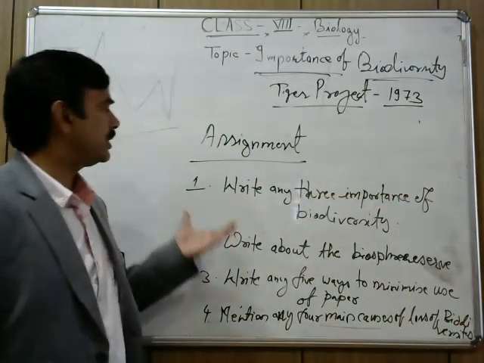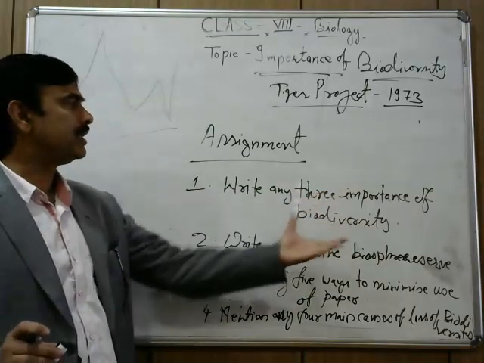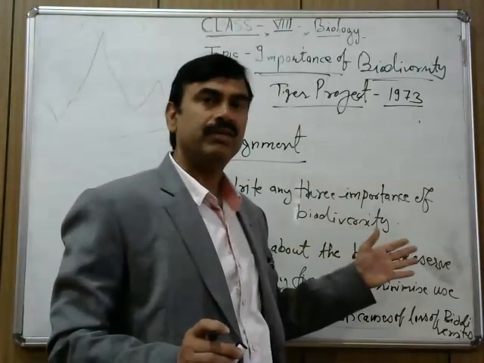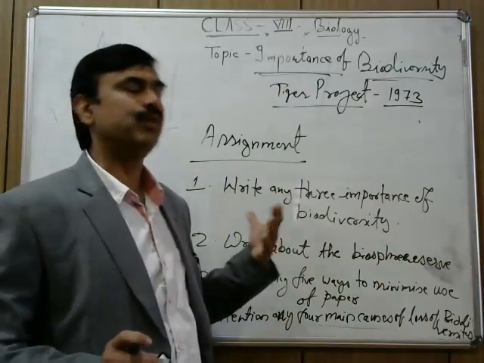So these are the questions for today's assignment. Number one, write any three importance of biodiversity. Number two, write about the biosphere reserve. You can write what the biosphere reserve is, what we do, what is the importance of this.